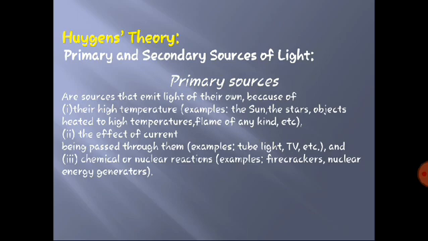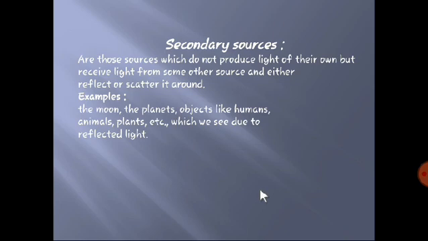Now what will be the secondary sources then? Secondary sources are the sources which do not produce light of their own, but receive light from another source and either reflect or scatter it around. So secondary sources are those which do not emit light by their own, but they get light from other sources and then reflect or scatter it around.